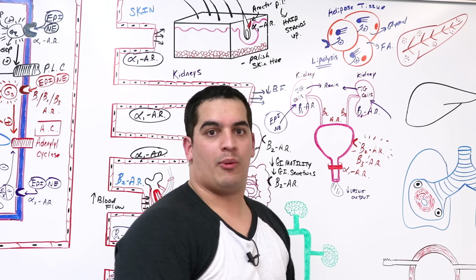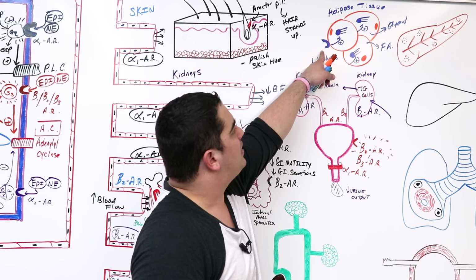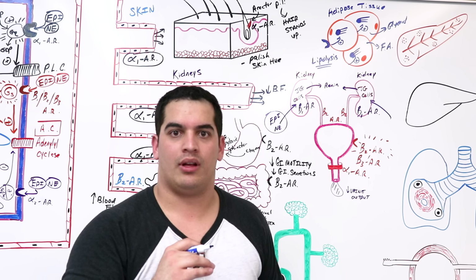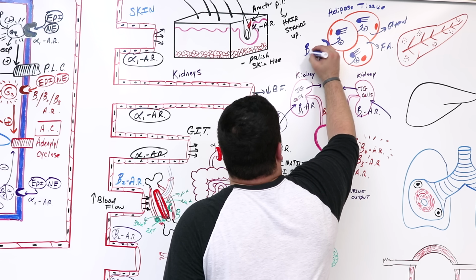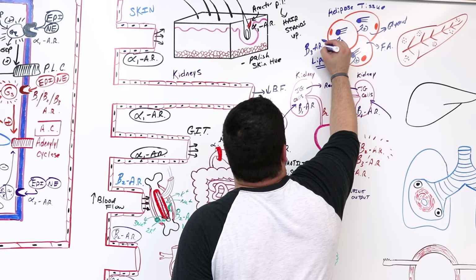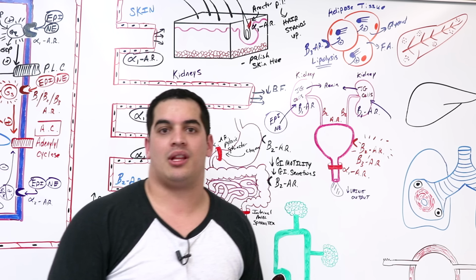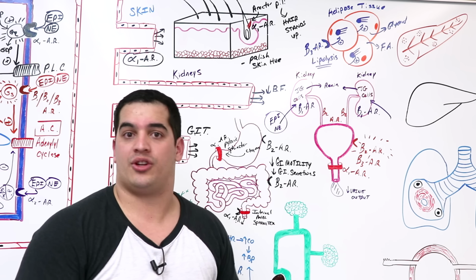What type of receptor would we want there? Generally, we would say, oh, beta 1, right? Well, there's a modified beta 1 receptor. That modified beta 1 receptor is called a beta 3 adrenergic receptor. Thankfully, there aren't many beta 3 adrenergic receptors in the body except for in the adipose tissue, and recent research has shown also on the detrusor muscle.